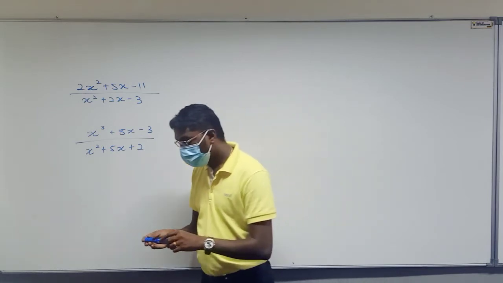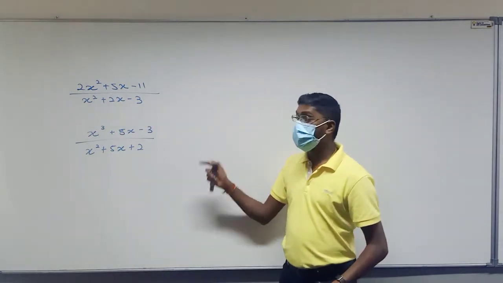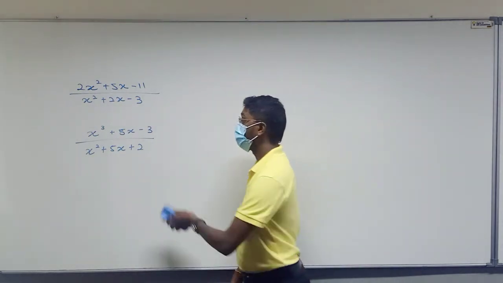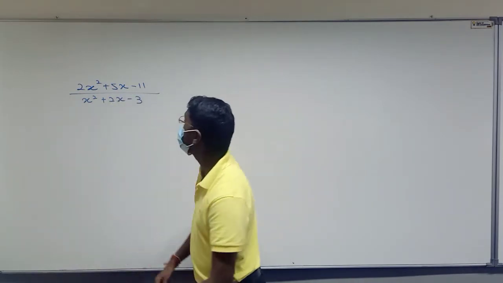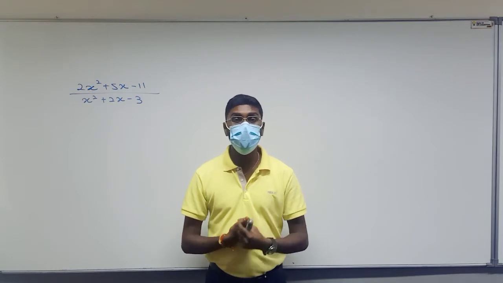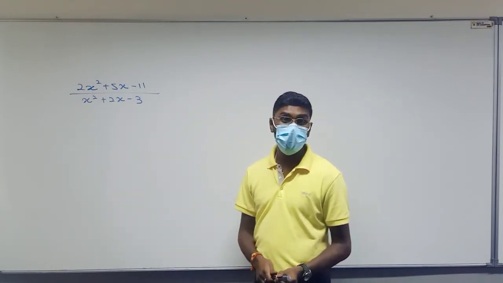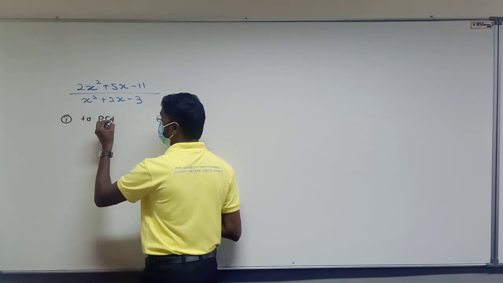So now, how are we going to represent this in a partial fraction? We look into this example. Since it is an improper fraction, our first job is to convert this into a proper fraction.